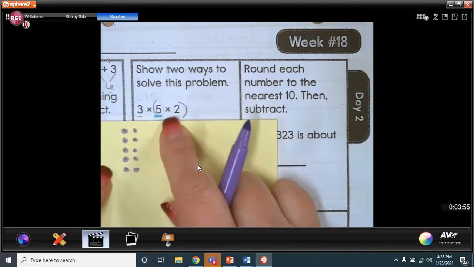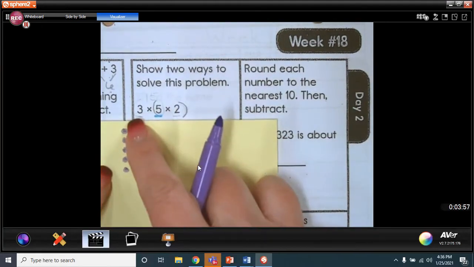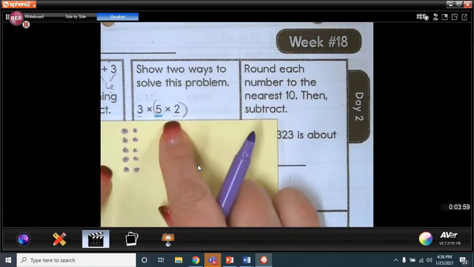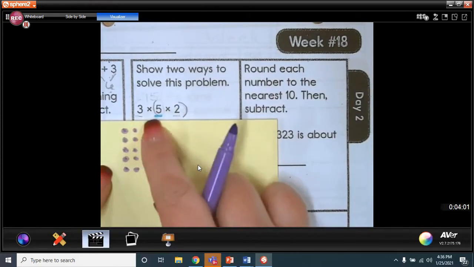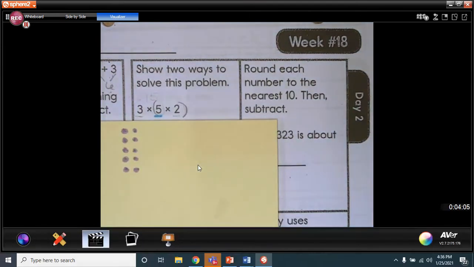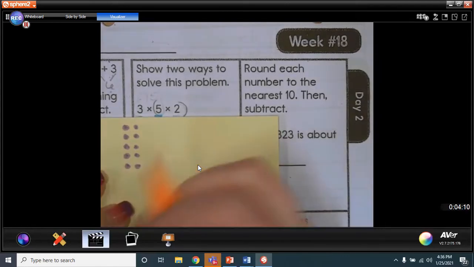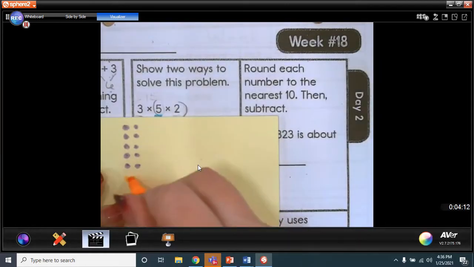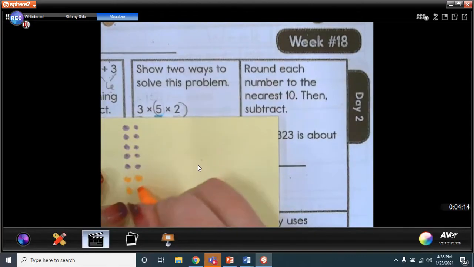But now this is telling me I have 3 groups of this 5 times 2. If I have 3 groups of this 5 times 2, that's telling me that I don't just have to draw it 1 time. That's telling me I have to draw it 3 times. So I'm just going to show you what that looks like.